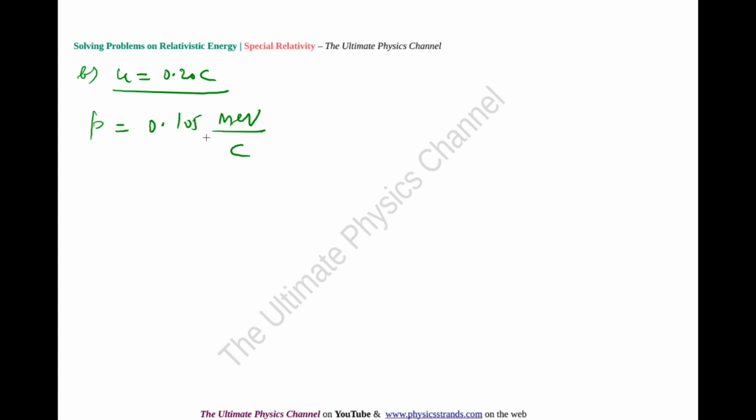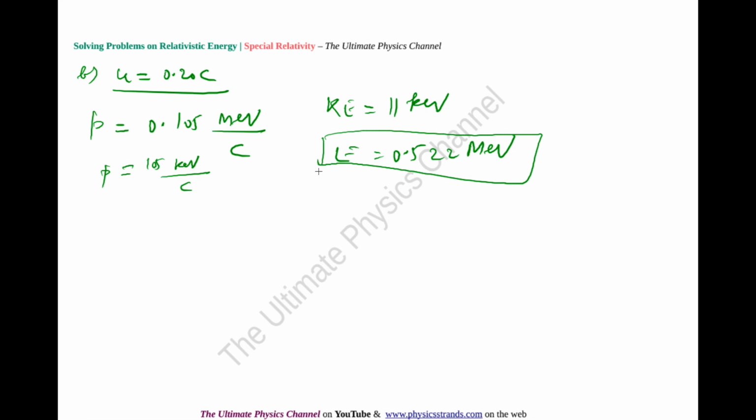We can do that as 105 keV over c for comparison. This is the momentum. The kinetic energy in this case is 11 keV, and then the total energy in this case is 0.522 MeV. Okay. So that is the value that we are getting.